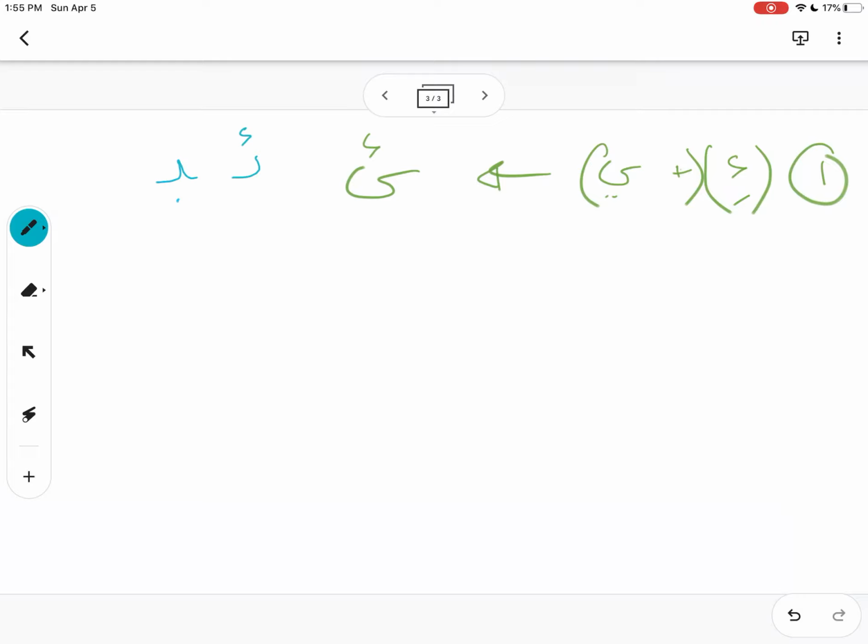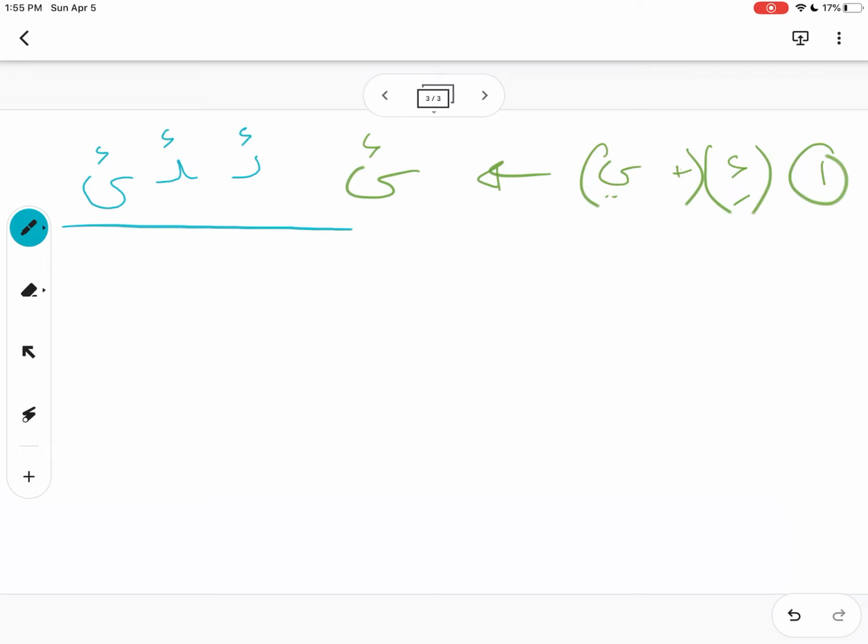If it was connected in between 2 letters, it looks like this. But of course, we're not writing the 2 dots. We're just writing a Hamza on top. And if it's in final position, the Ya looks like this. Of course, we're not doing it with 2 dots. We're just putting a Hamza on top of it. So the Hamza is going to connect the way that the Ya connects because it's sitting on the Ya chair.